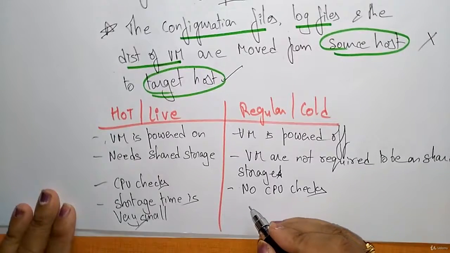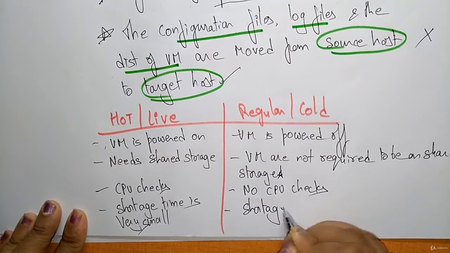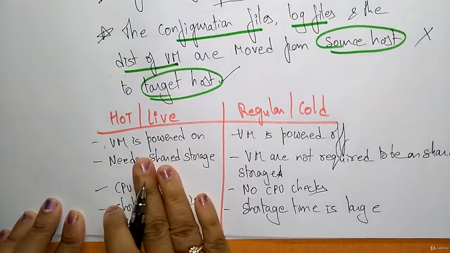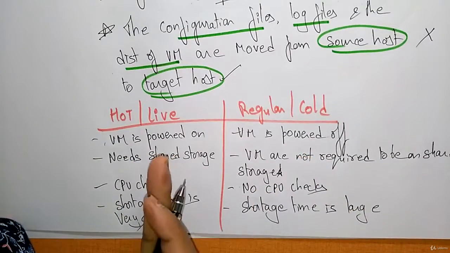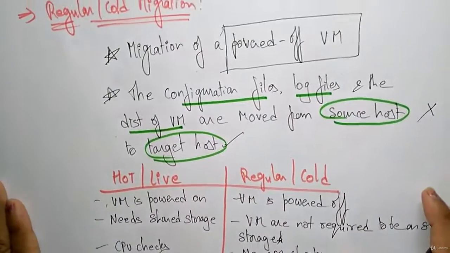In hot or live migration the downtime is very small, whereas in regular or cold migration the downtime is large. So this is the difference between hot or live migration and regular or cold migration. And this is a less simple process, and this is the simple process. Thank you.